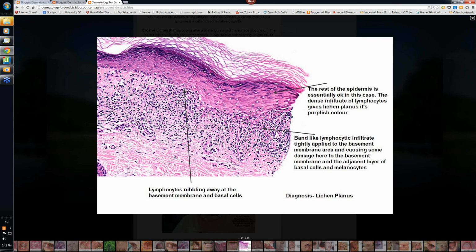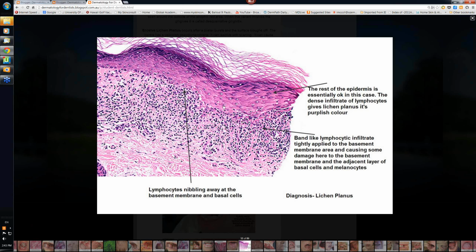But this is the lichenoid infiltrate of lymphocytes hard up against the base of the mucosal surface, and it's attacking the base of the mucosal surface, and that's what's causing the erosions. And if it really attacks it there, you get a blister occurring, and the whole thing sloughs off. But as I said, the lymphocytes are nibbling away at the cells of the basement membrane here, causing the damage.